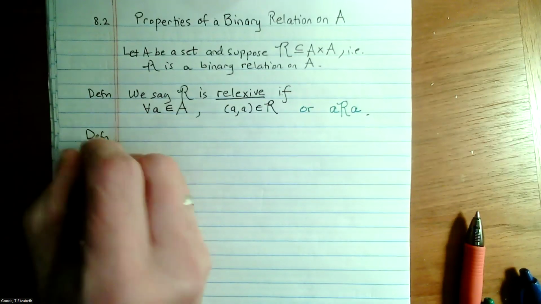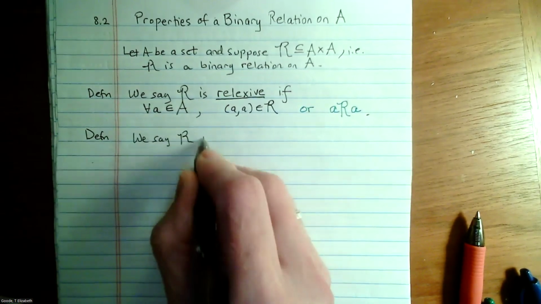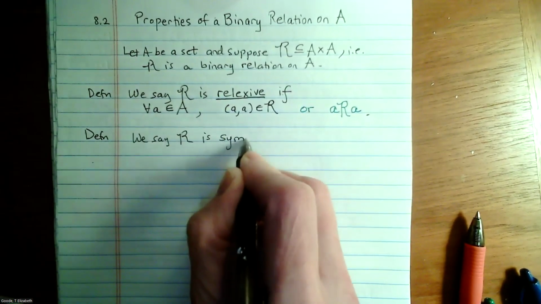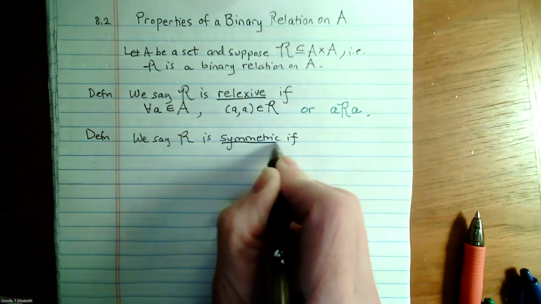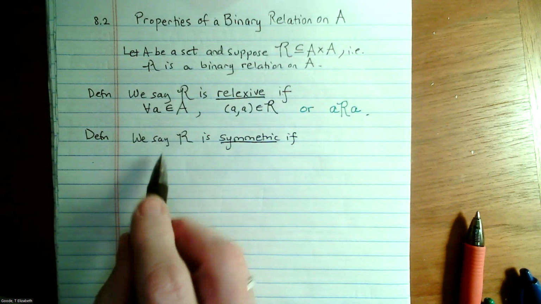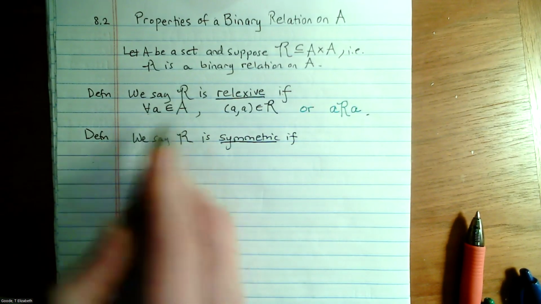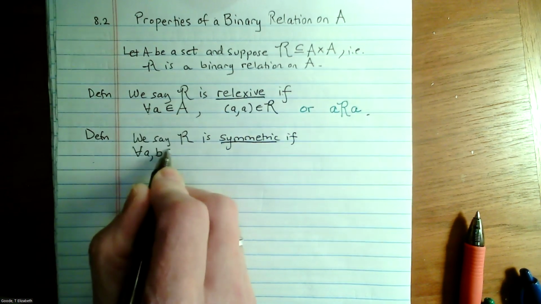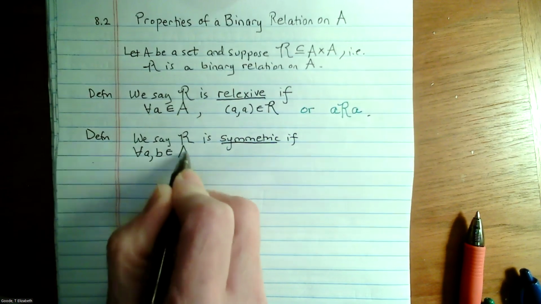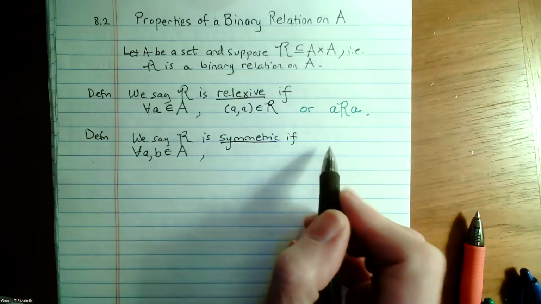All right, now symmetry. We say curly R is symmetric if, for the definition of symmetry, we need 2 elements of the set A. So we'll say for all little a and little b in set A. This definition is an if-then definition.